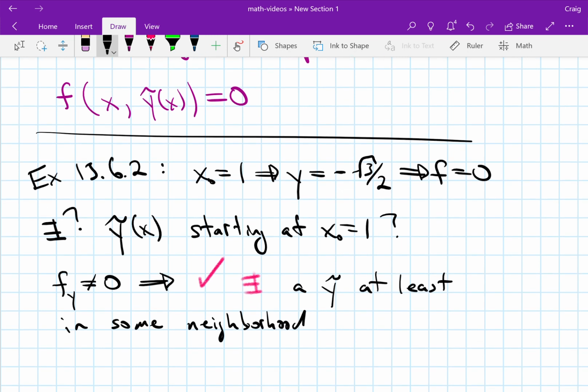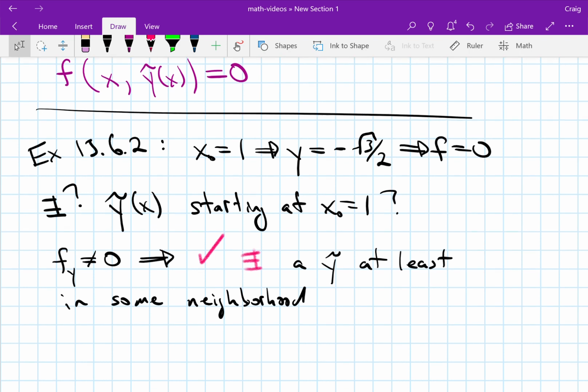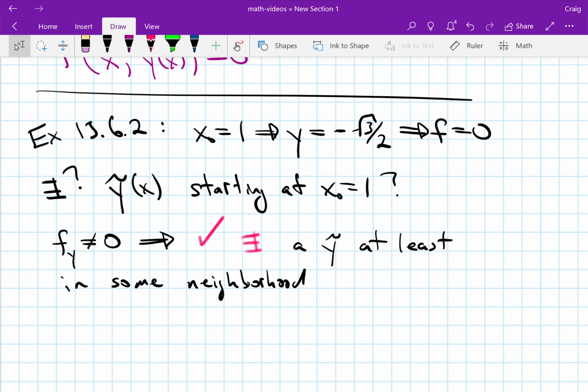So we start at x equal 1, and of course, just looking at the ellipse, we can't increase x past 2, and we can't decrease x past -2, otherwise our function y tilde will cease to exist. But the theorem guarantees that at least in some neighborhood, we're good, and we are.